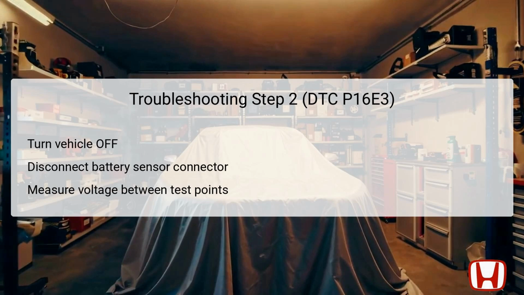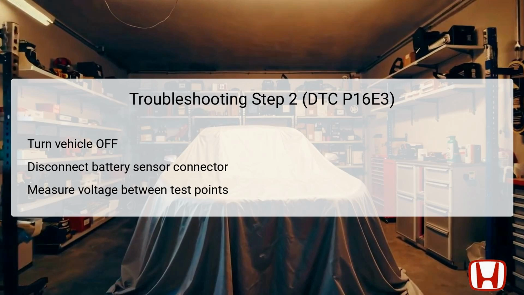In step 2, begin by turning the vehicle off and then disconnecting the 2P connector from the 12-volt battery sensor. This disconnection is vital for safely measuring voltage without risking further damage to the components. Utilize a multimeter to measure the voltage between the test points, the first being the number 1 pin on the connector and the second being body ground.